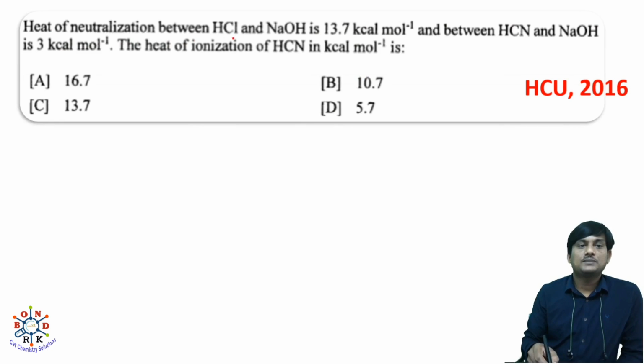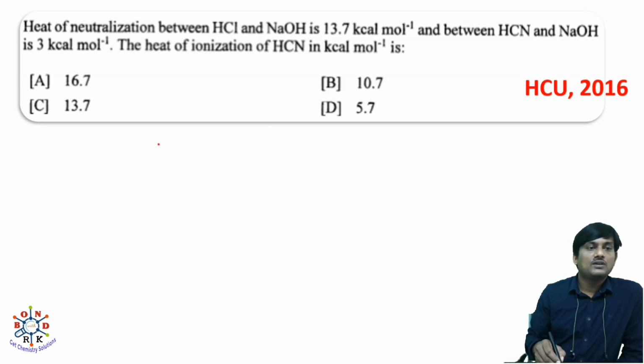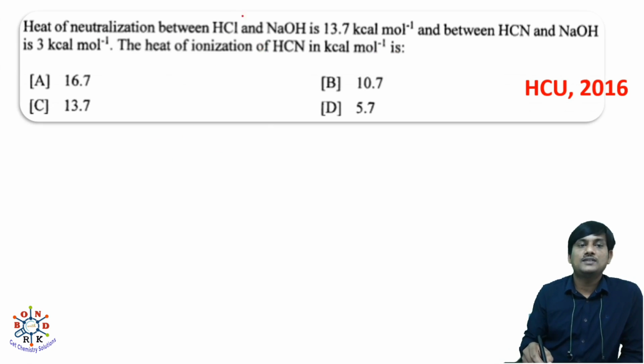Heat of neutralization between HCl and NaOH is 13.7 kilocalorie mole inverse, and between HCN and NaOH is 3 kilocalorie mole inverse. The heat of ionization of HCN in kilocalorie mole inverse is. Okay, what is the heat of neutralization between HCl and NaOH? It's a strong acid and a strong base.